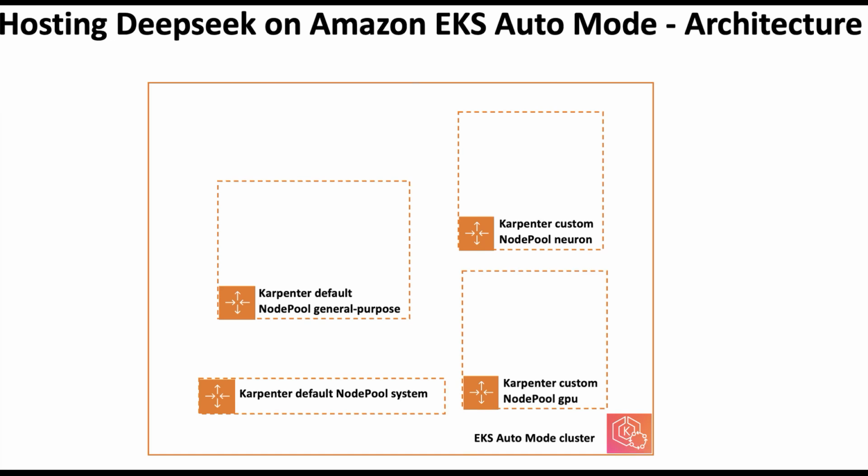These include options for specifying EC2 instance categories, CPU configurations, availability zones, architectures ARM64 or AMD64, and capacity types EC2 spot or on demand. You can also set resource limits for CPU and memory usage, ensuring the cluster stays within desired operational boundaries.